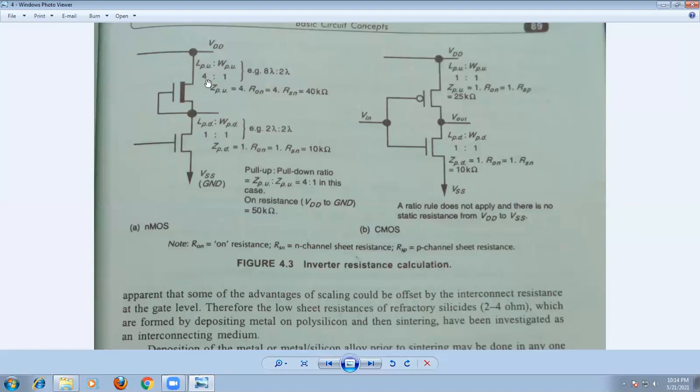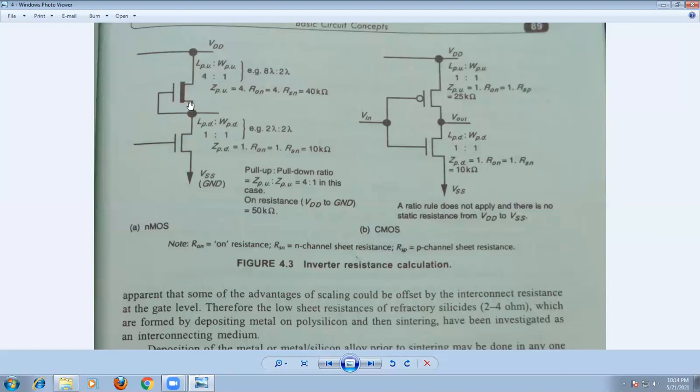So that indicates that 4:1 is L pull up to W pull up. This is the Z. Similarly, L pull down to W pull down is 1:1. That means this is the feature size transistor, 1:1, and this is not a feature size transistor.